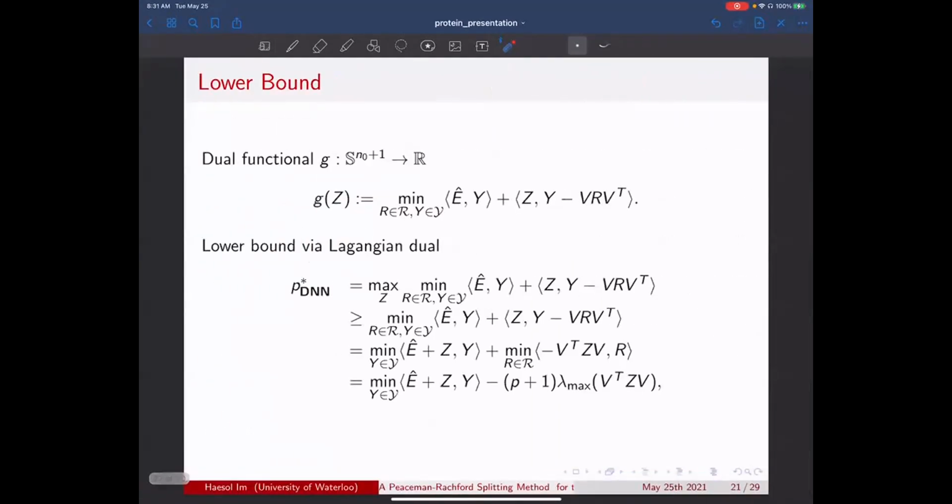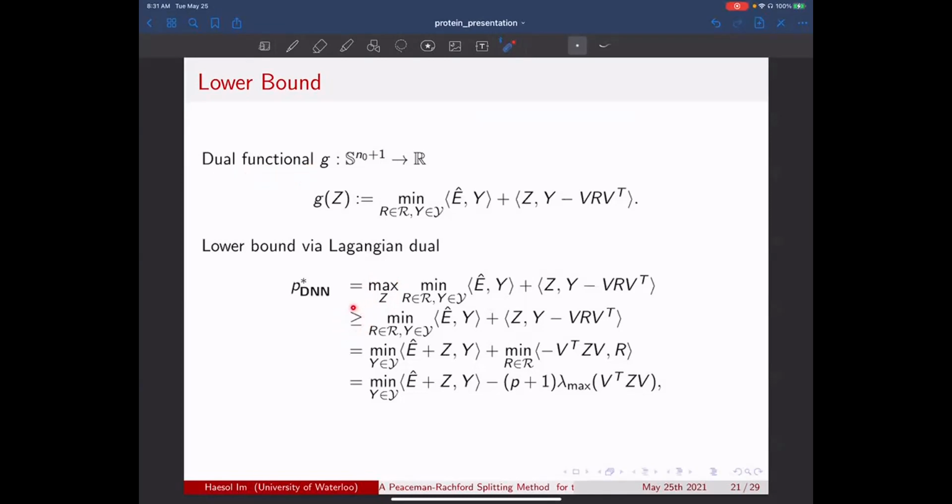What we also do in our algorithm is getting bounds to have a feeling of how good our relaxation was. The point of getting a relaxation is to have a good lower bound. In order to get this lower bound, we're using the Lagrangian dual. So we form this dual functional, and then the dual is maximizing this dual functional.